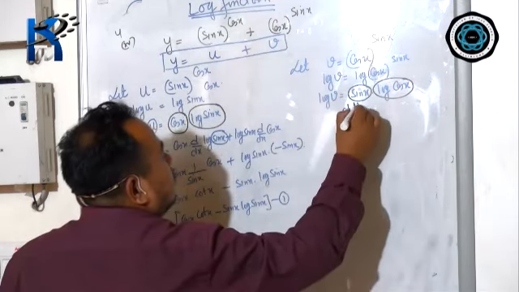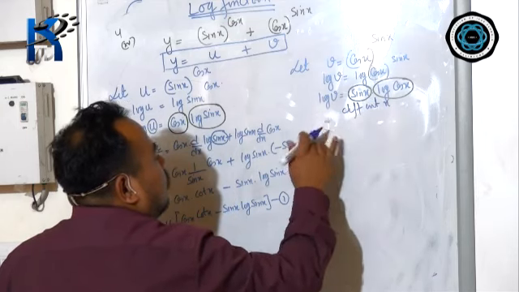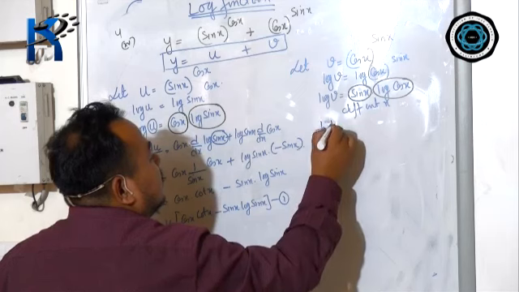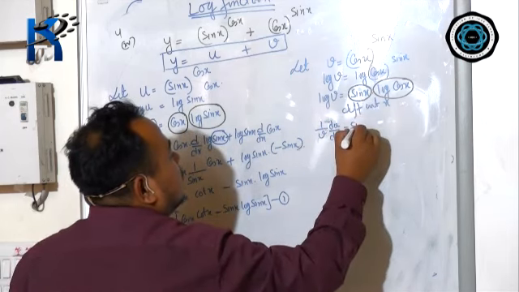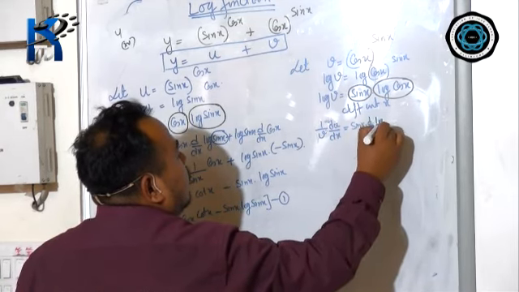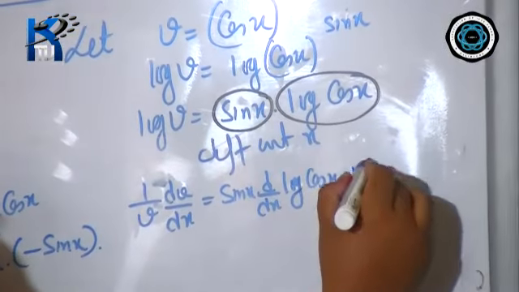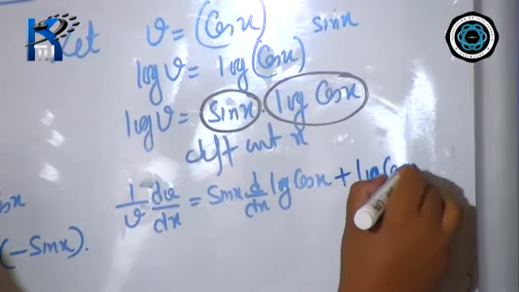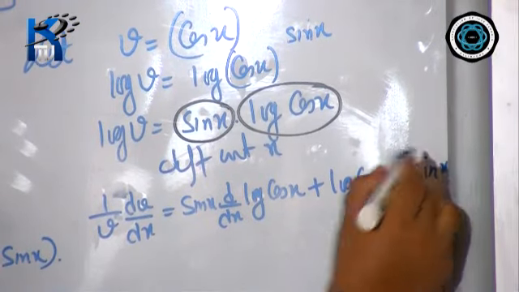Differentiate with respect to x: 1 by v dv by dx equal to the product rule, u into v, sin x d by dx of log cos x plus log cos x into d by dx of sin x.